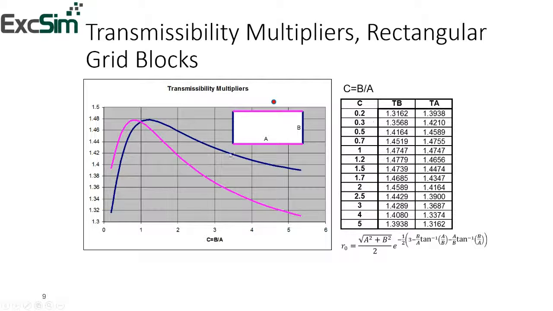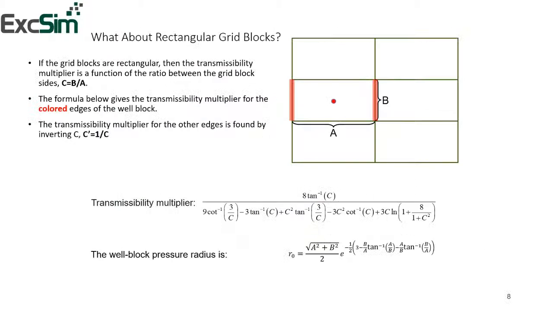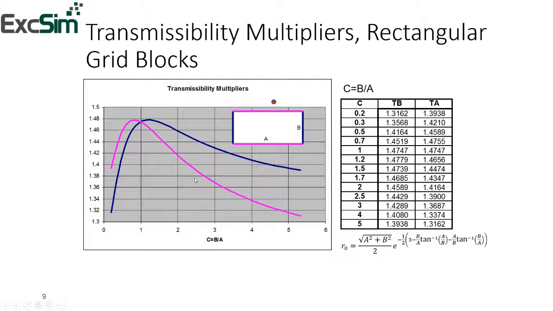And when you plot the values, you can read them from the plot if you don't want to actually go to the equation and calculate it. What you see here is that when A equals B, in which case C would be 1, we're back to the standard 1.47 that we have from a square grid block.